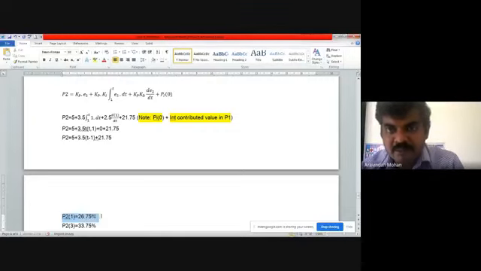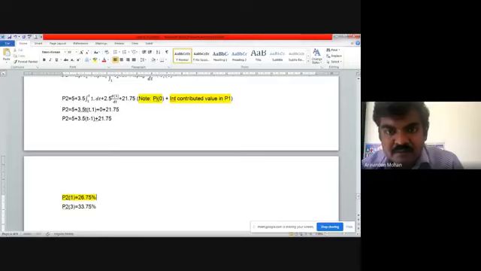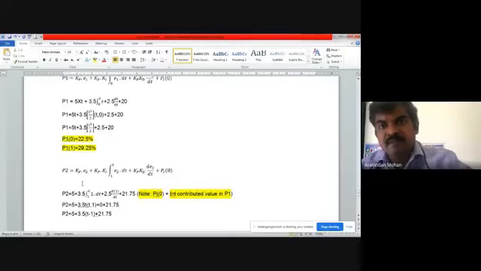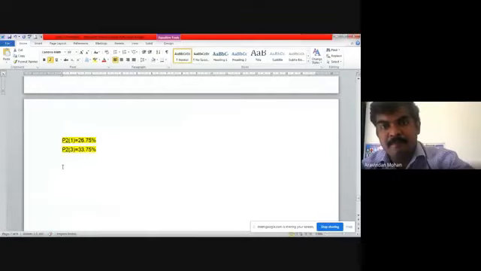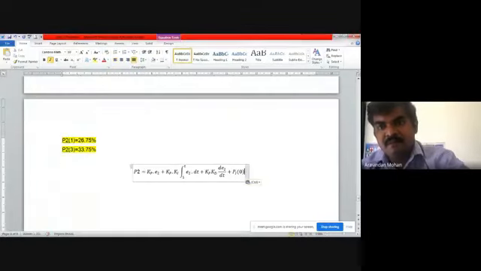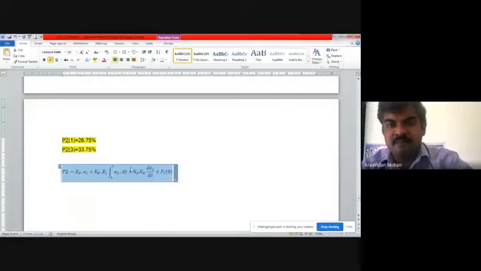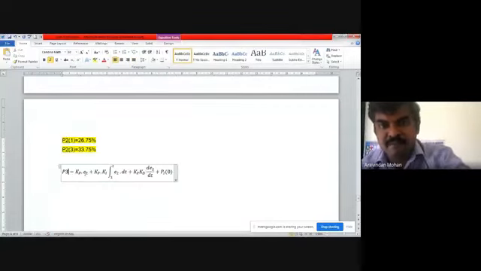Okay, so these are the two values. Now let me go to the third region. Copy the same equation, Control C, Control L. Now P3 is equal to Kp into E3, Kp into Ka.